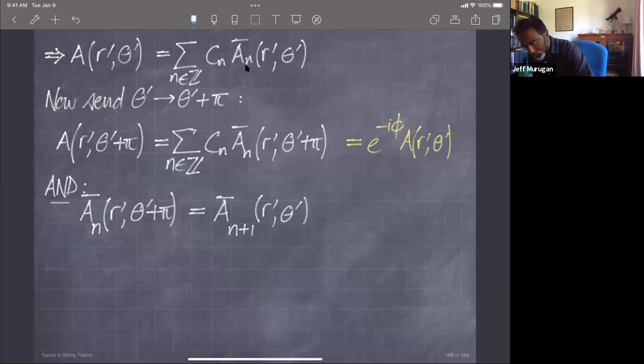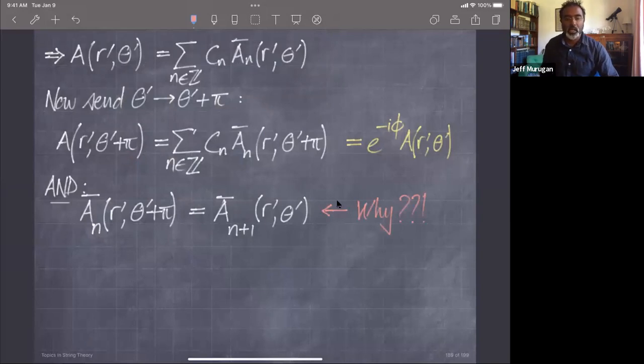And I'm going to leave as an exercise for you to understand why this is the case. As a hint, I'll tell you that you should think about a multi-sheeted Riemann surface. Okay, so let's put these ideas together.